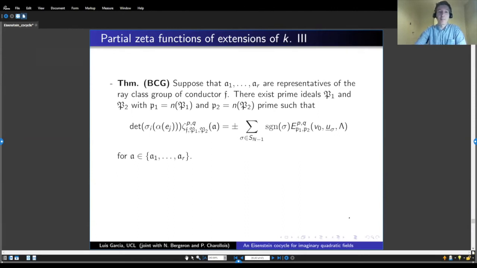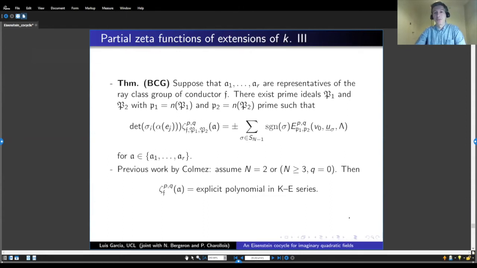In particular, this expresses the smooth partial zeta functions, and therefore the non-smooth ones as well, as a polynomial in Kronecker-Eisenstein series, which was done under some restrictions by Colmez.